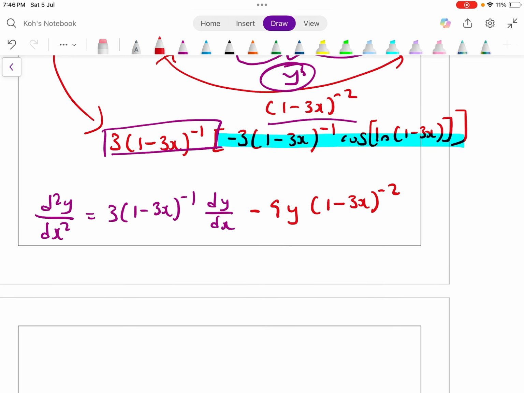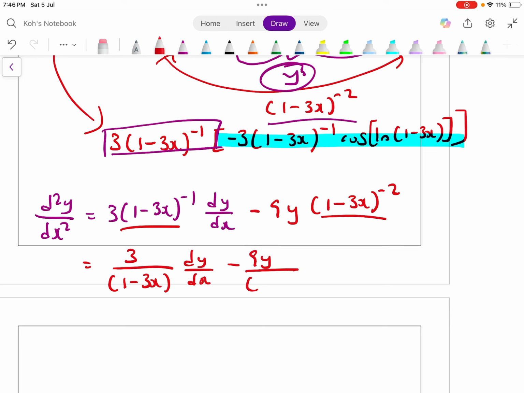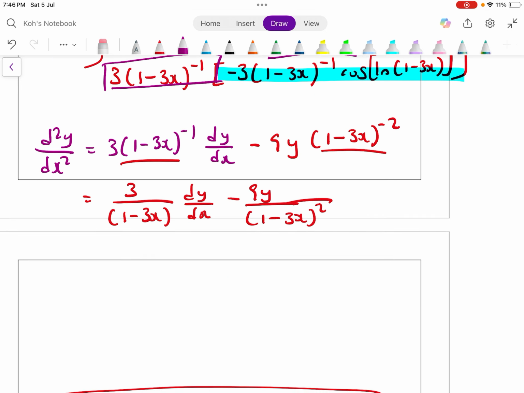Okay, so maybe I can do a bit of manipulation further. So I bring down this thing and this thing, so I make it like a fraction like that. So it's 3 over (1 minus 3x) to the power of 1, then of course dy/dx. And then the second term will be minus 9y over (1 minus 3x) squared. So I think I can see the thing already. So I multiply left and right hand side by (1 minus 3x) squared. So this will lead to my left hand side is (1 minus 3x) squared d²y/dx².